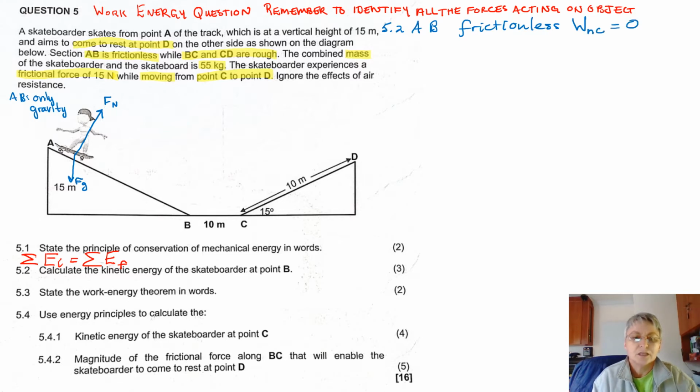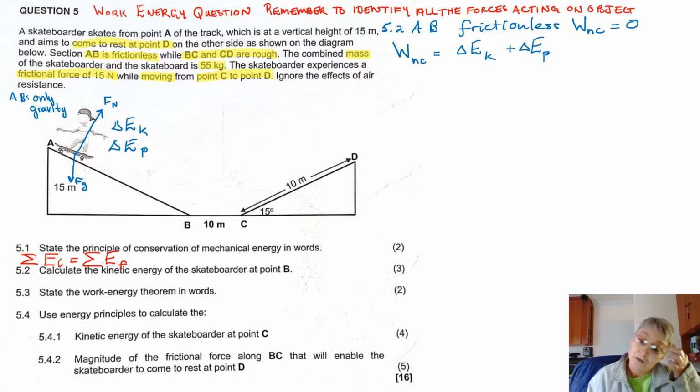There is a change in kinetic energy, and there is a change in potential energy as the skateboarder skates from A to B. But the work done by the non-conservative forces would be zero because there's no friction, only the gravitational force.